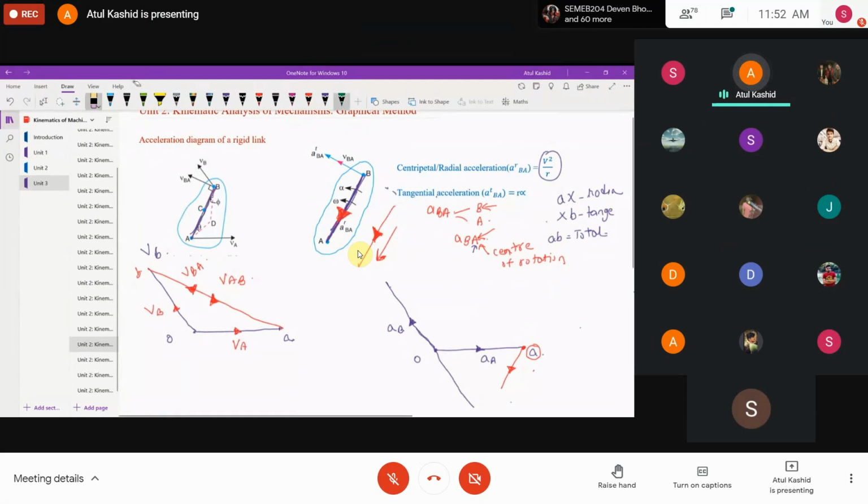Now I knew the magnitude, so I can fix the point X over here for the radial component. So this is acceleration of B with respect to A. For acceleration diagram, we pointed away from the A. Can you repeat, Aditi? We pointed away from the small A.